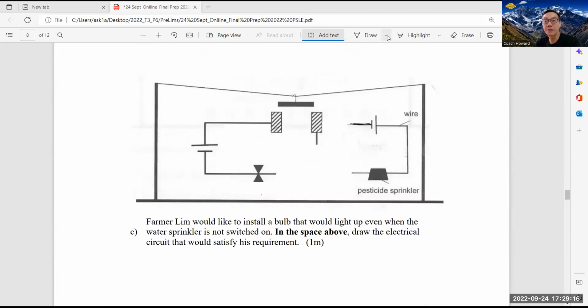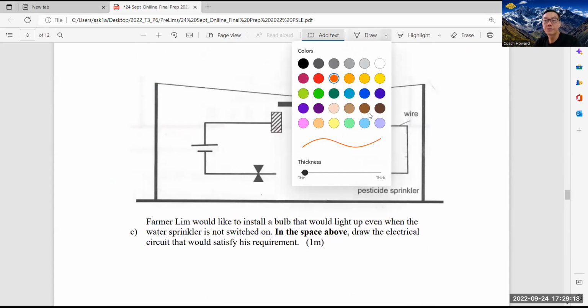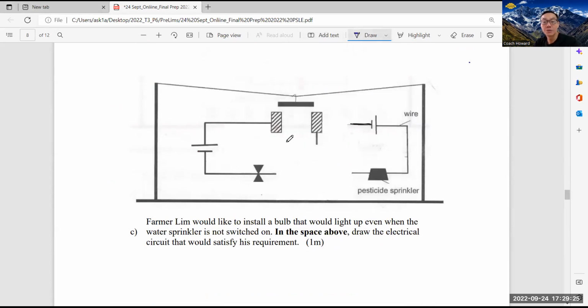Okay, so now I teach you how you draw. So from here, let me use the purple ink to draw. You notice this part is not connected. So from here, you extend this part, you got to draw the electromagnet.